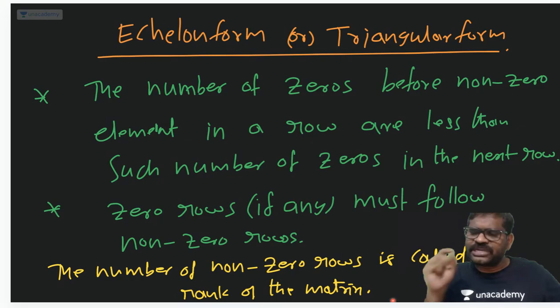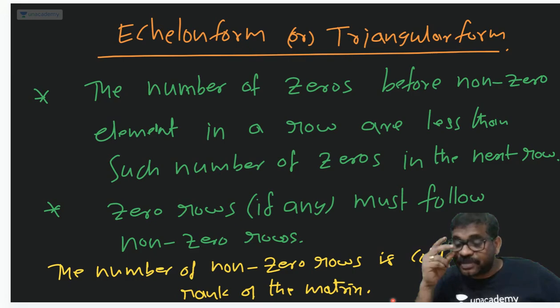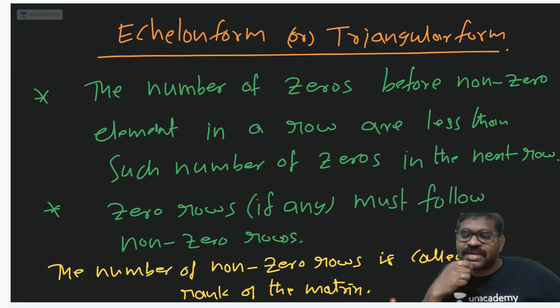I have mentioned clearly rows. You are asking columns. Let me fix the concept. I am talking about row echelon form. In row echelon form, you have to apply completely row operations. Did I mention columns anywhere, Rishabh?